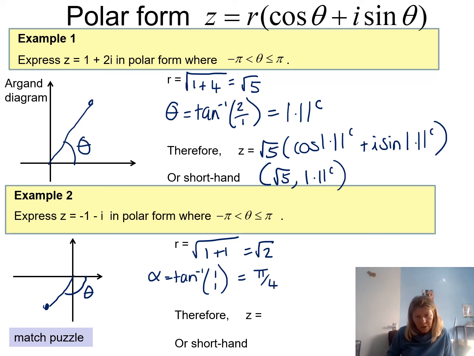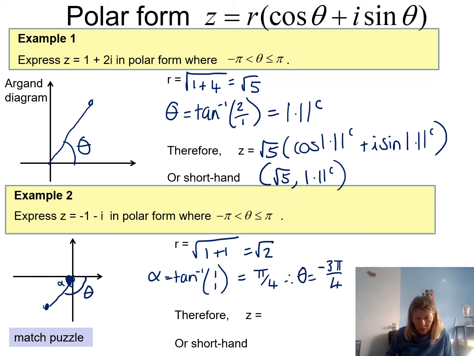So that means theta will be negative 3 pi by 4, because that's pi by 4 there. That's your alpha. Is that messy? And so theta is 3 pi by 4, but it's negative because it's underneath.